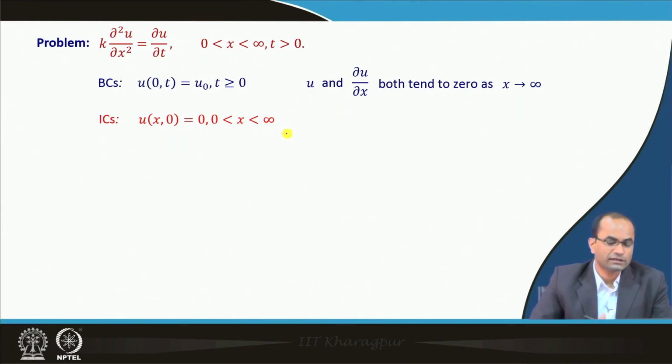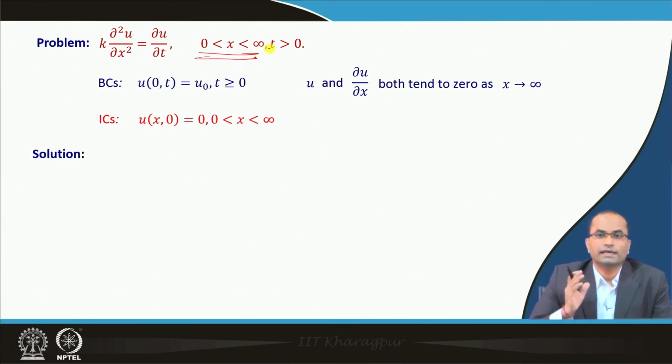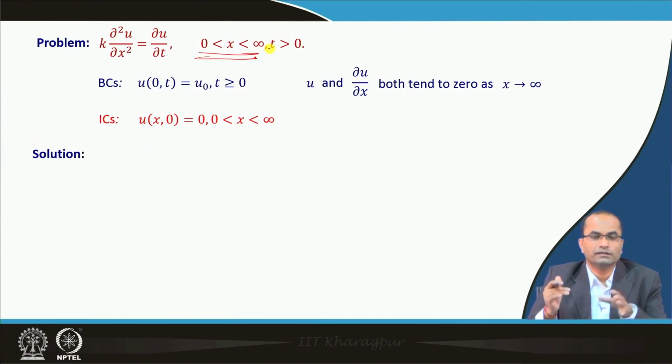So, we have the initial conditions, we have the boundary conditions in hand, and now we can apply the Fourier cosine or Fourier sine transform depending on this range here. If the half range is given, then we will apply Fourier cosine or sine. If the range of x is given from minus infinity to plus infinity, then naturally we will apply the Fourier transform.